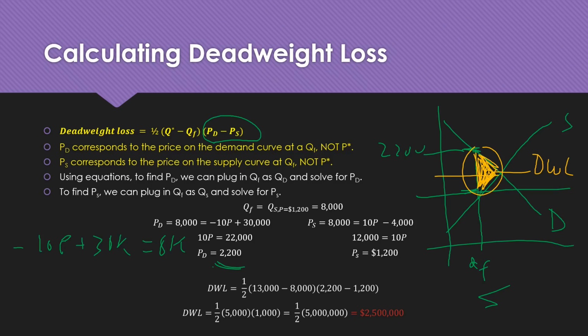So the question you might be asking is, why would we do this? The reason is that the government has decided that the efficient solution, the market equilibrium solution, is too expensive and it's pricing people out of the community.